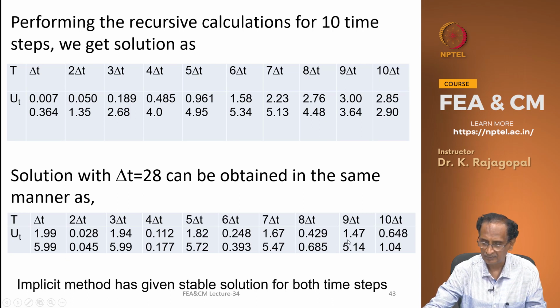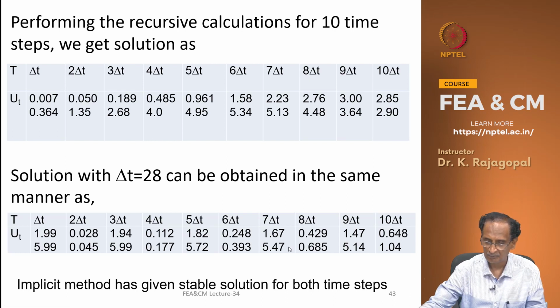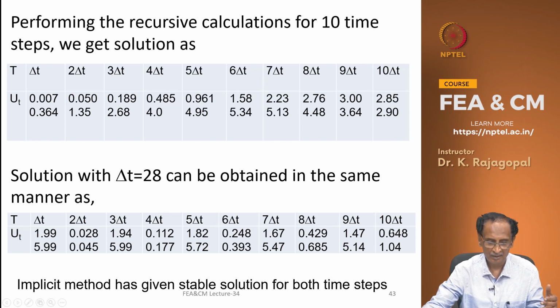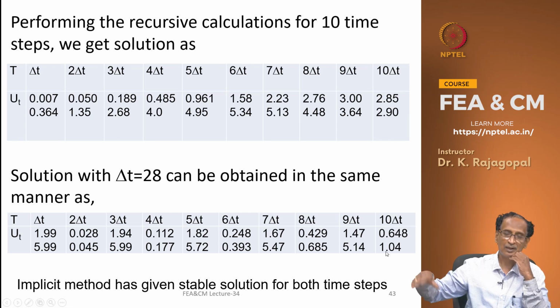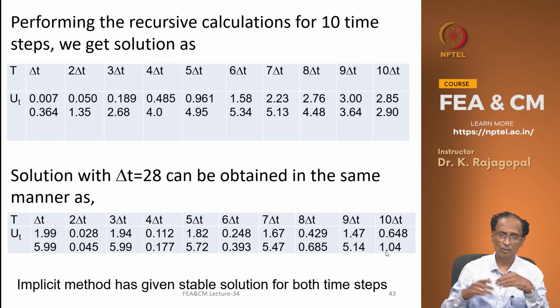Once again we are getting up and down because there is no damping. After 10 times the delta t, that is 280 seconds, our response is still within finite values, like 0.648 and 1.04, going up and down, whereas with the central difference scheme, the whole thing has blown up.